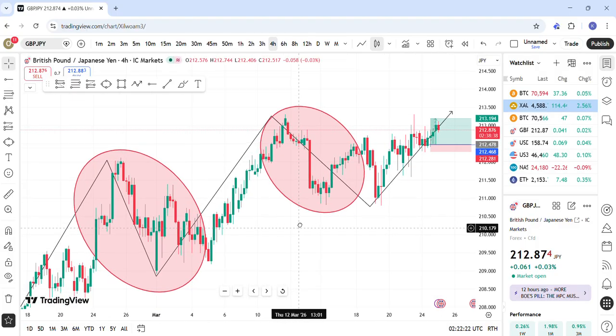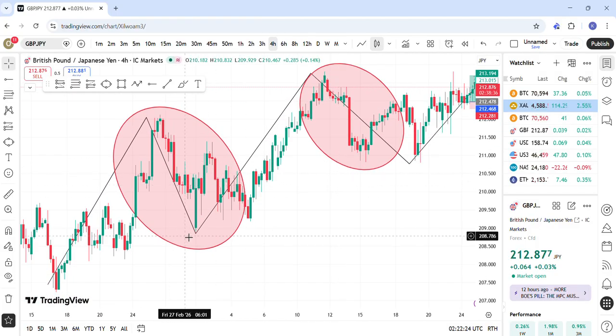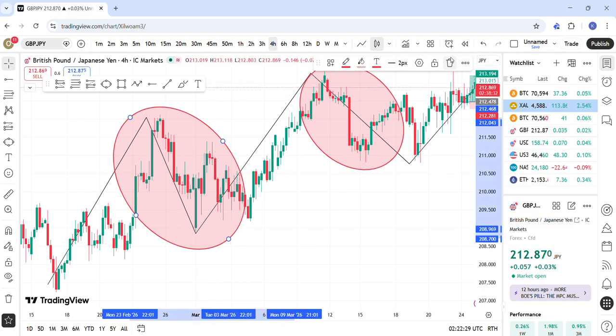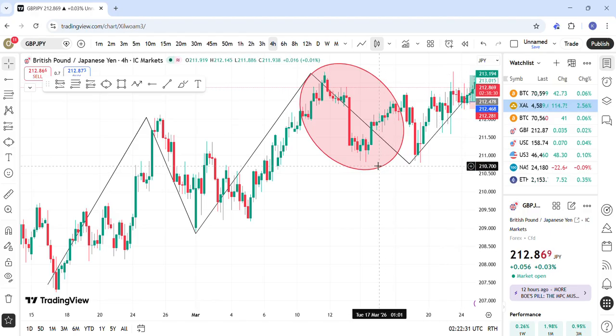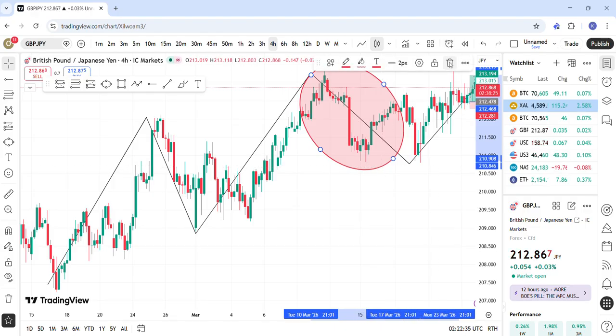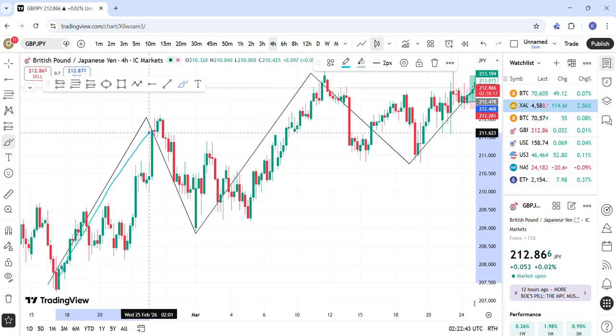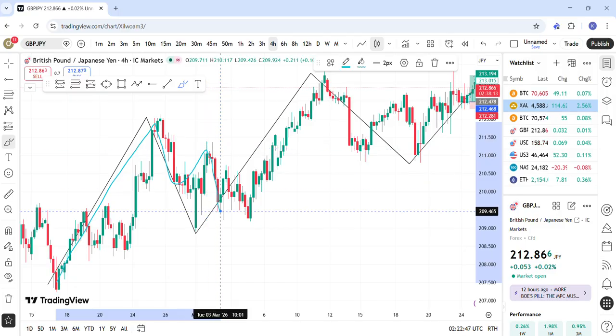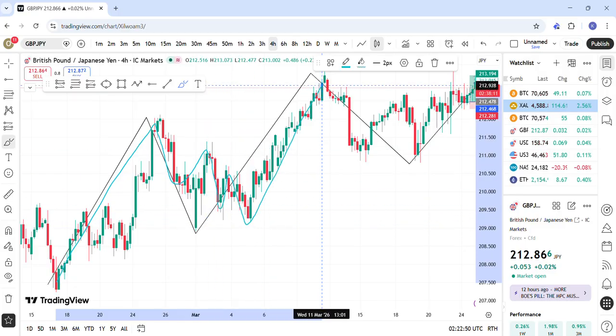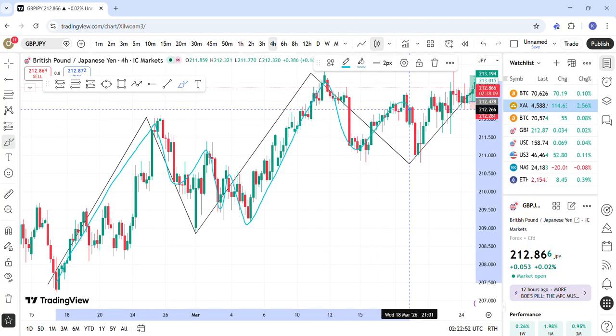So see this. Like I said initially, these are impulsive, then the minor structure before another impulsive, the minor structure.